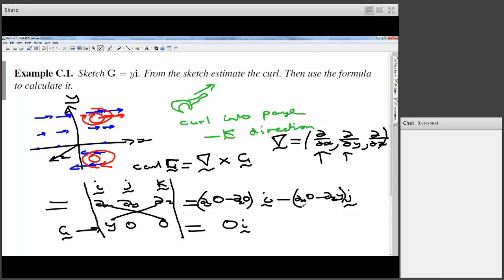The partial derivative of 0 with respect to x gives you nothing. The partial derivative of y with respect to z gives you what, guys? Zero, absolutely. So if you add them all up, you're getting minus or plus 0j. So not much so far.